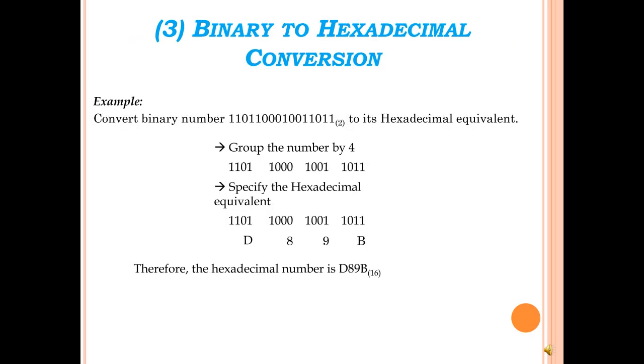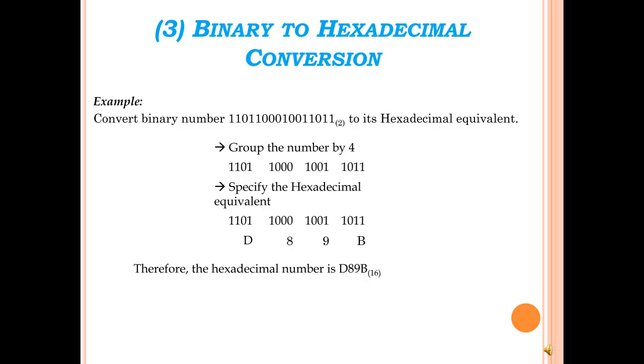Now, binary to hexadecimal conversion. Here we have one example. Convert binary number 11011000100111 base 2 to its hexadecimal equivalent. Now, in octal format, we divided the numbers into groups of 3.